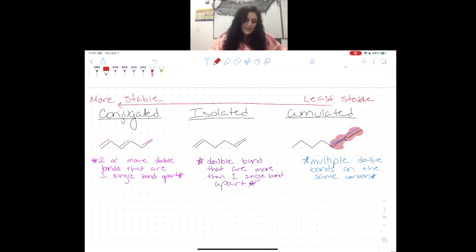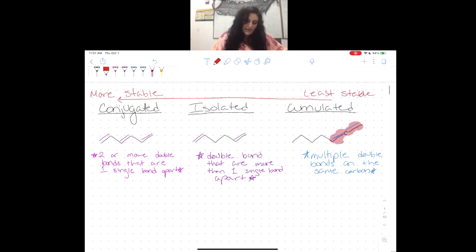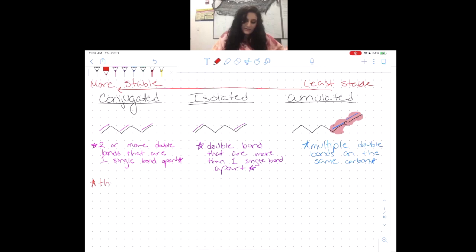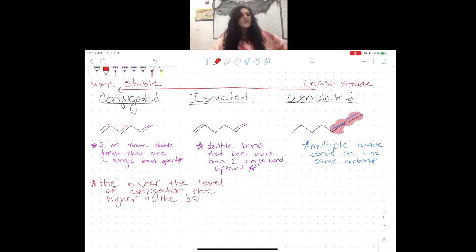Within conjugated molecules, we can also say that the higher the level of conjugation, the higher the stability.